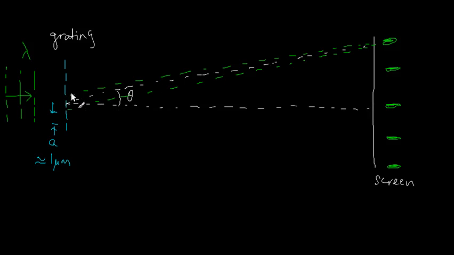I need to draw this part up again. So let me draw it down here. Okay, so that's my D. That's the spacing there, and I have two paths going out, very nearly parallel.